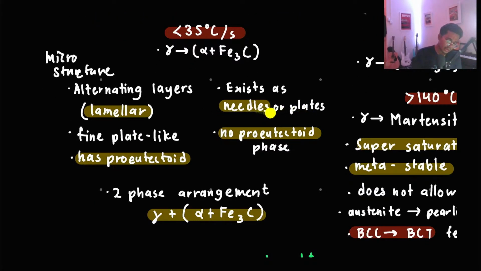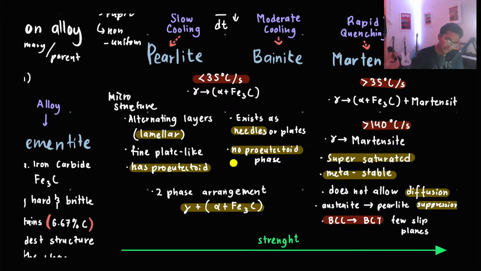Bainite has needles and also plates. The difference between perlite and bainite is that perlite can have pro-eutectoid phase, whereas bainite doesn't have pro-eutectoid phase. So what is a pro-eutectoid phase?